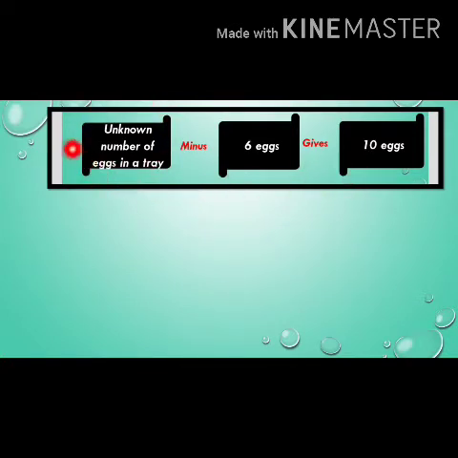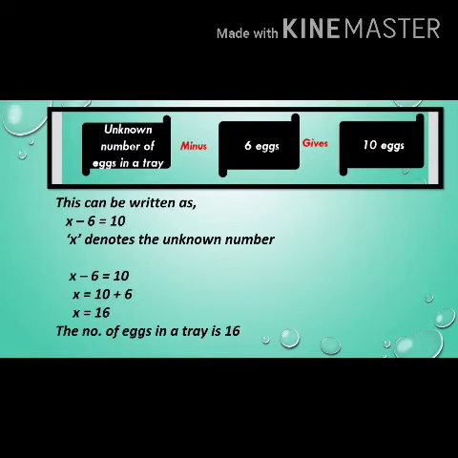Here the unknown number of eggs in a tray is an unknown value. We take it as a variable x. This can be written as x minus 6 equal to 10. Here x denotes the unknown number. x minus 6 equal to 10.